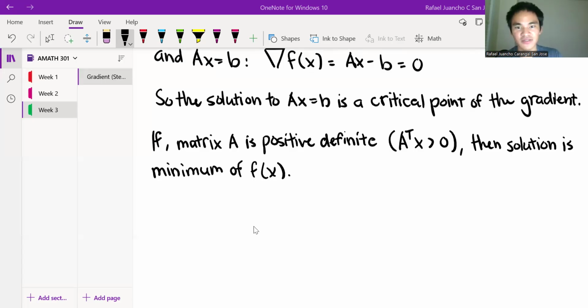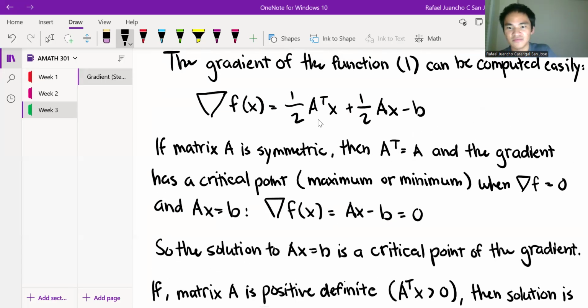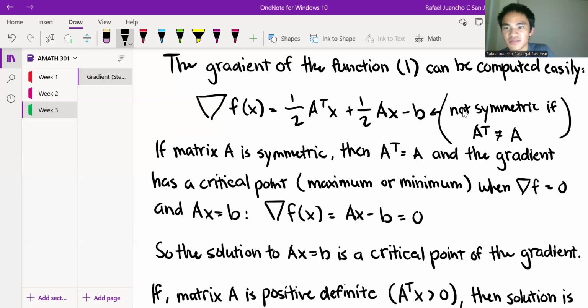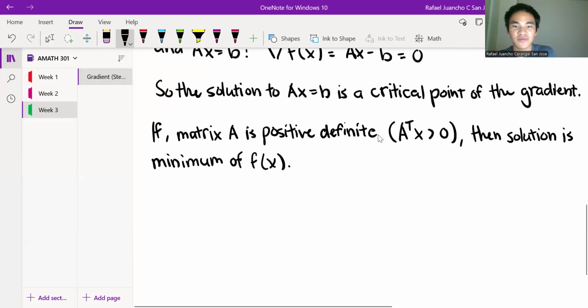So if it's not symmetric, it finds the solution to this thing. Let me just write it. If my transpose is not equal to my original, right? So that's another key fact to remember.